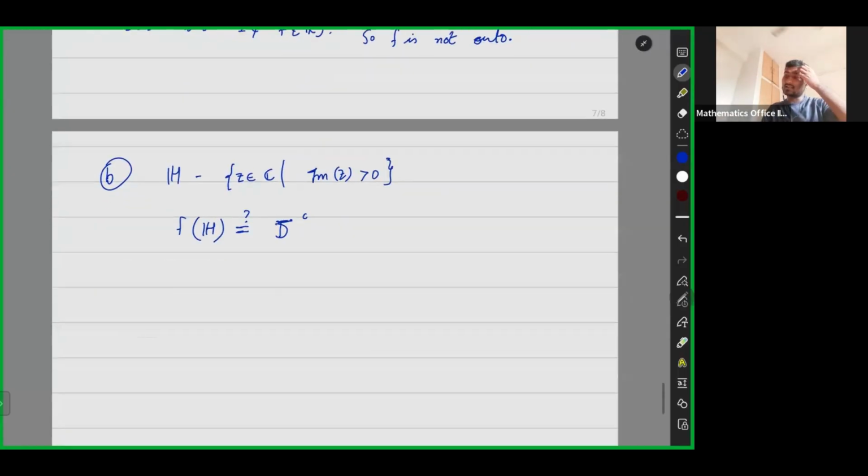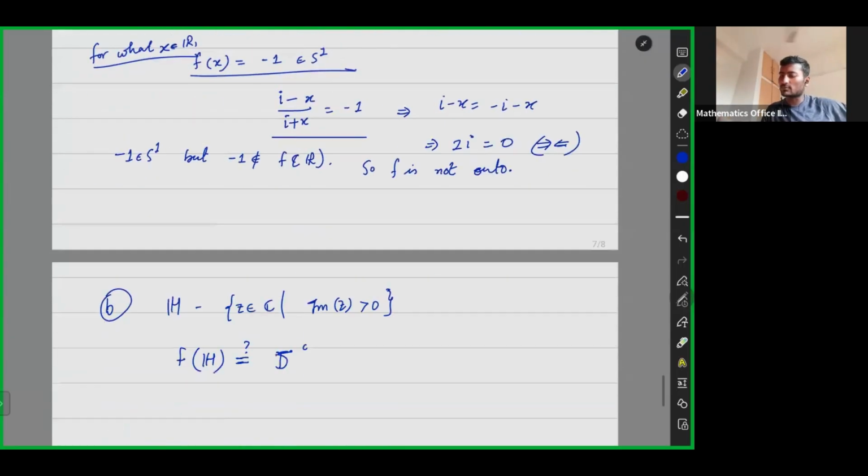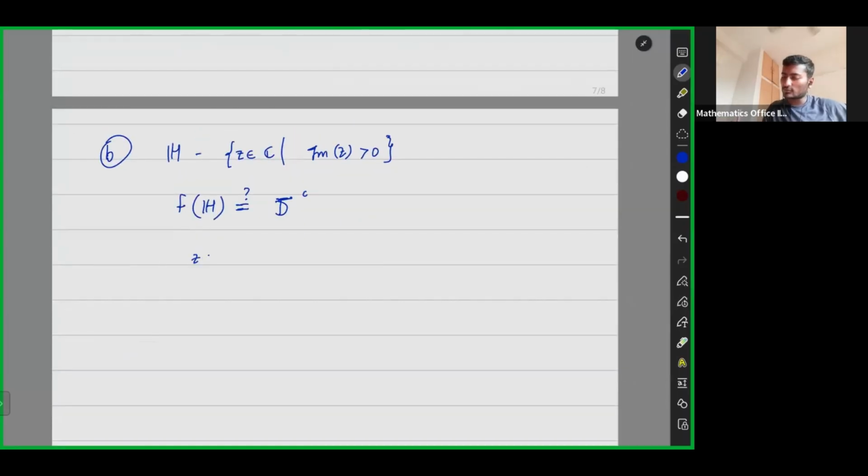Is this true? Let's see what happens when the imaginary part is positive. What happens when you take the modulus of f of H? Let's say z belongs to H. We are going to take the modulus of f of z. What is it? The modulus of (i minus z) divided by (i plus z). Not every time should we write z, because z is a variable and we are picking some particular z.